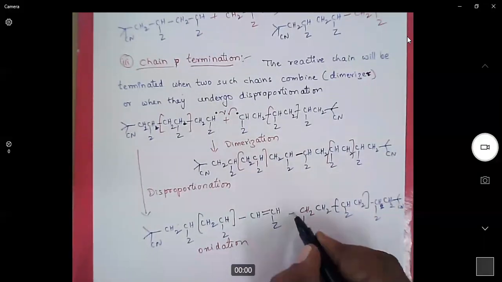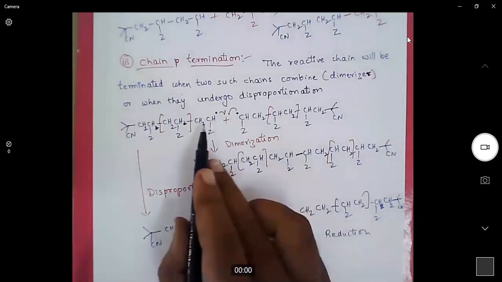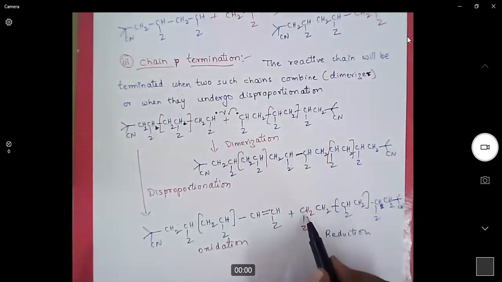So this molecule has undergone a reduction. Why? Because the CH2 picked up a hydrogen radical. So this is how a disproportionation reaction occurs.